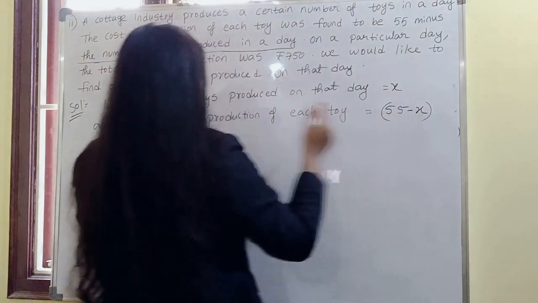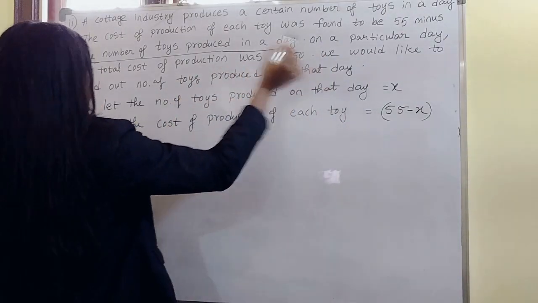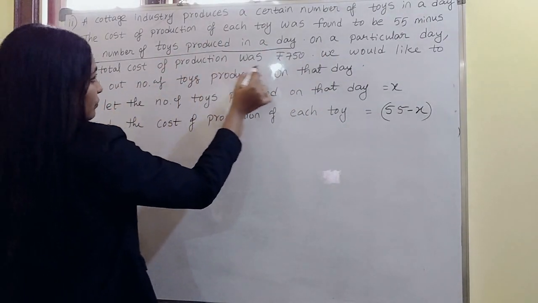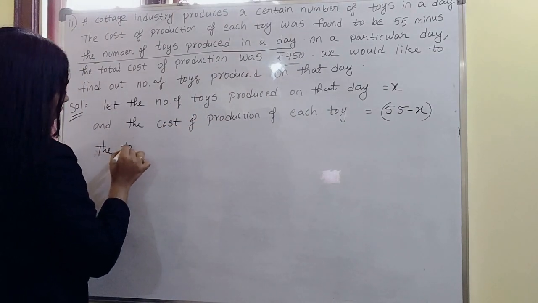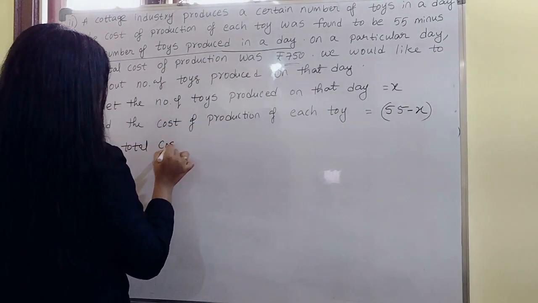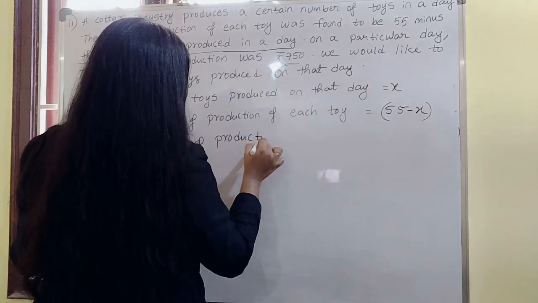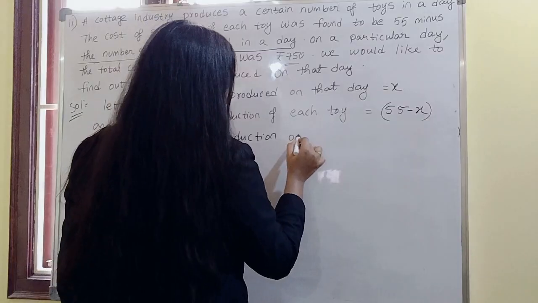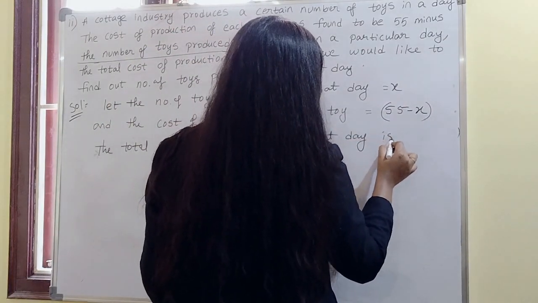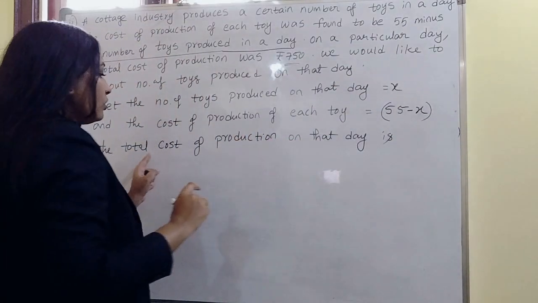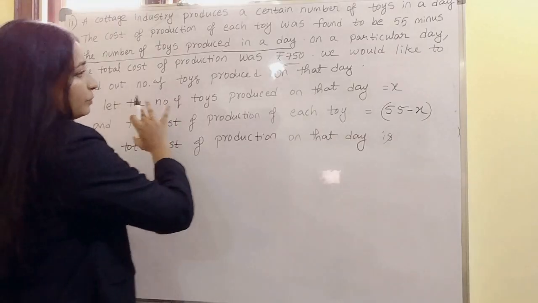So this is the cost of production of each toy, and also given on a particular day the total cost of production was 750 rupees. So the total cost of production on that day. Tell me how many toys were produced?